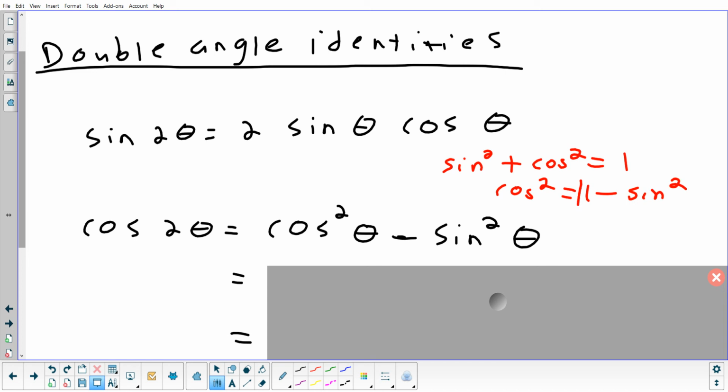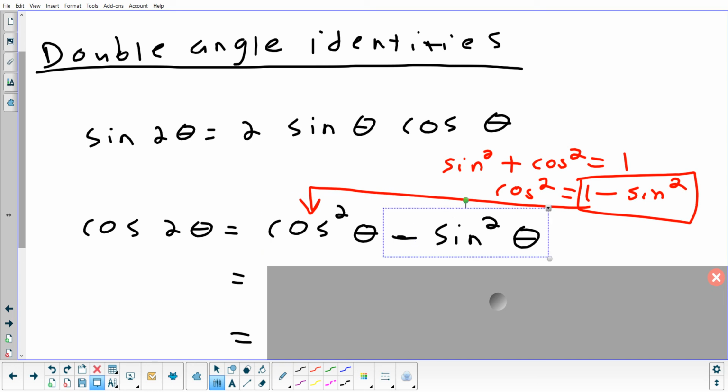Now, if you take this and put it right there, you'll get another version. Cosine squared is 1 minus sine squared, minus sine squared. What would you get if you simplified that?